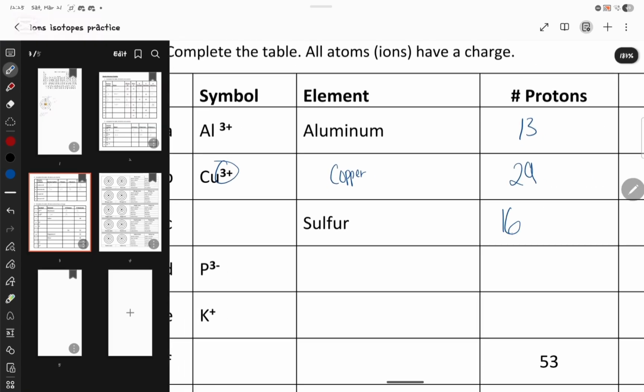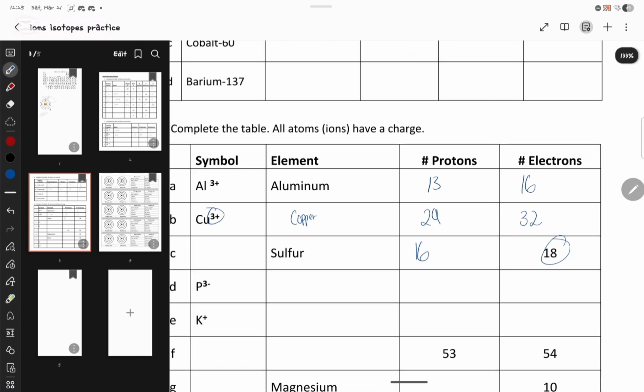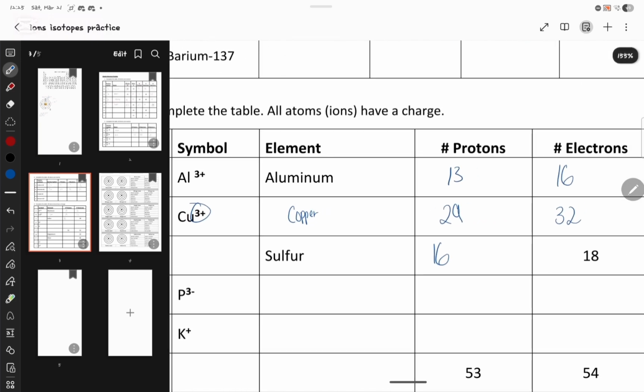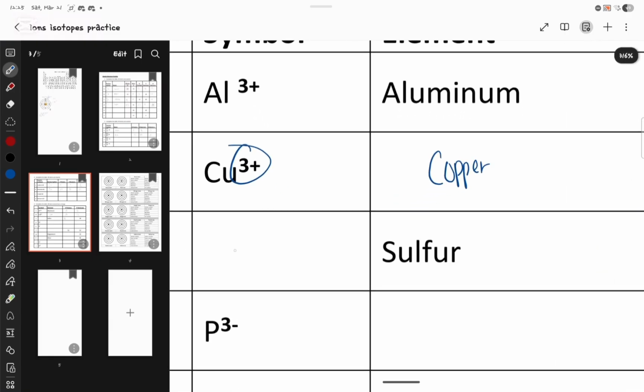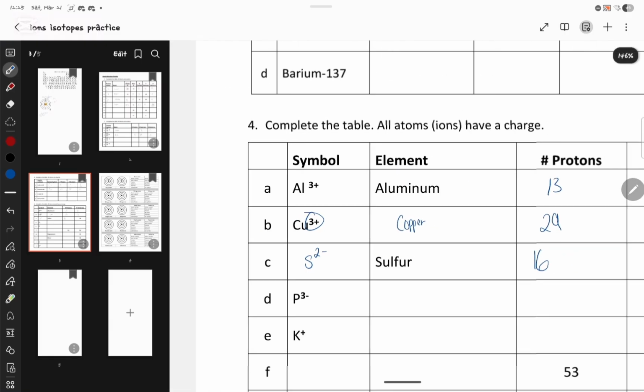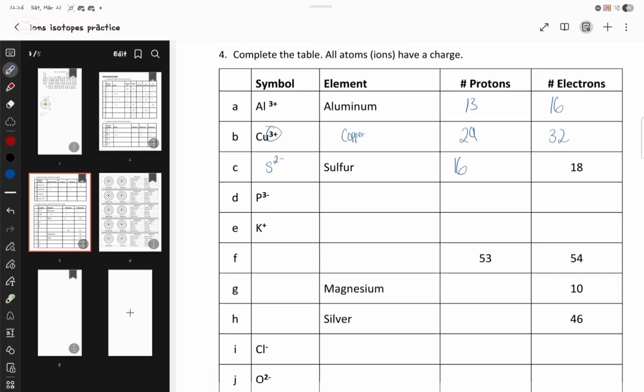So 16 here, and we know that we have 18 electrons. 18 electrons means that it has gained 2 electrons, so it will have a negative charge of 2, right? Because it has 2 more electrons than protons, so 2 more negative charges than positive, so you have 2 negative for your sulfur.